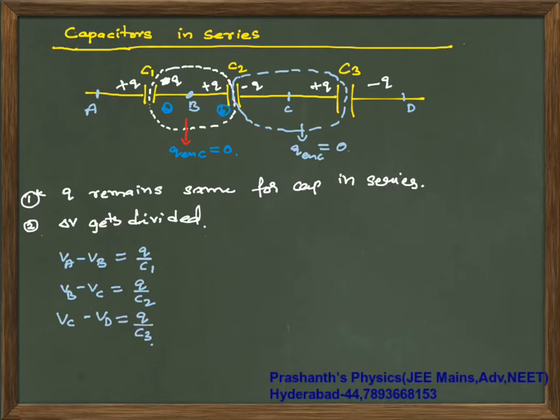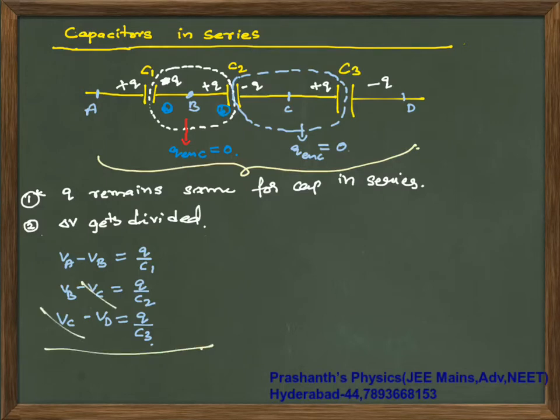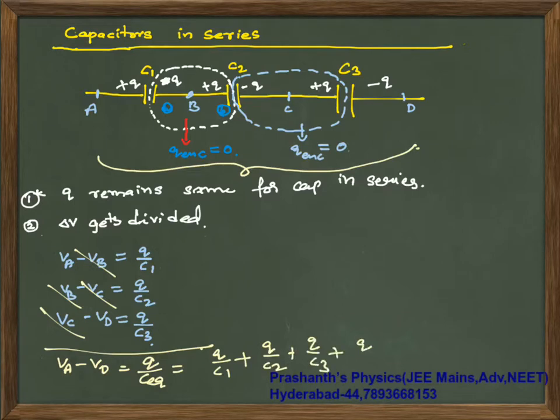Now if you replace this with a single capacitor, that single capacitor from here to here should give you the same potential difference. So your single capacitor's potential difference, Q by C equivalent, is equal to Q by C1 plus Q by C2 plus Q by C3 plus Q by C4.